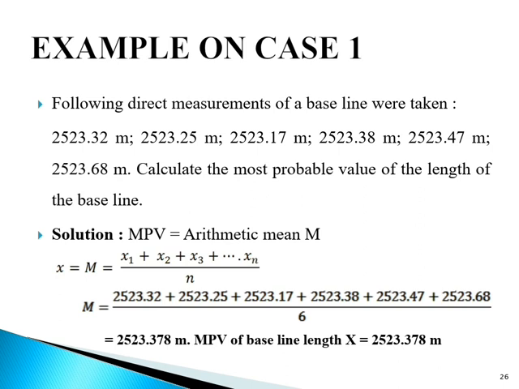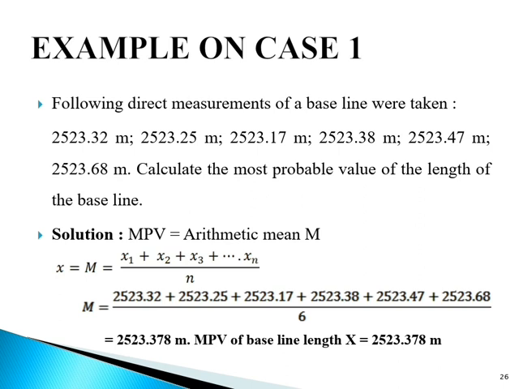As we know, the solution: the most probable value is equal to the arithmetic mean, capital M. So our equation is x = M = (x1 + x2 + x3 + ... + xn) / n, where M is the arithmetic mean of the observed values, x1, x2 up to xn are the observed values of the quantity, and small n is the number of observations. Putting in the values, M = (2523.32 + 2523.25 + 2523.17 + 2523.38 + 2523.47 + 2523.68) / 6.